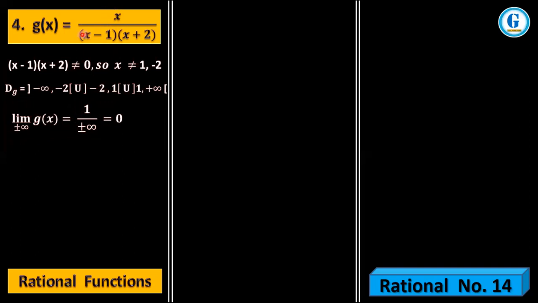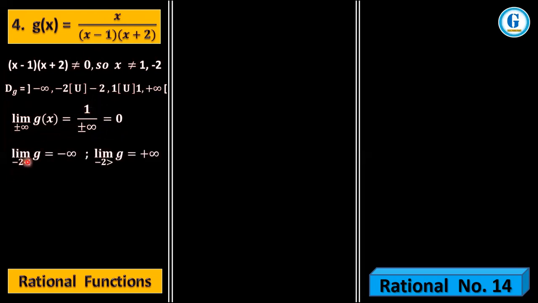Highest degree in the denominator, just take the highest degree in the first bracket times the highest degree in the second bracket. So x times x is x squared. x divided by x squared is 1 over x. So as x tends to infinity, as the degree of the numerator is still less than that of the denominator, we know that the limit is 0. That's why the limit here is 0.